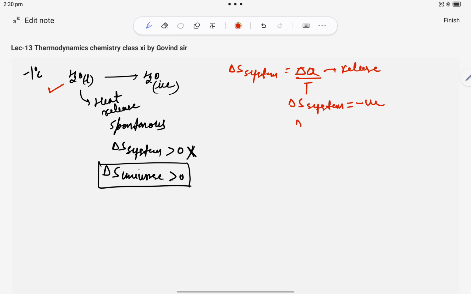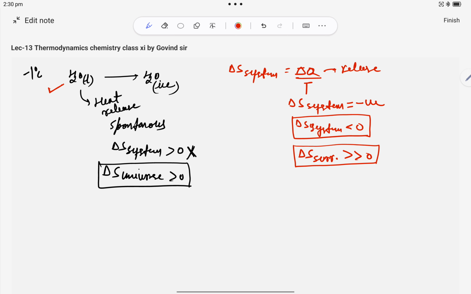That means delta S of system is less than 0. But in the case of a non-isolated system, we have to check the delta S of surrounding also. That is greater than 0, much greater than 0, always.